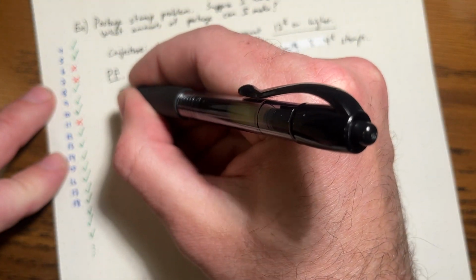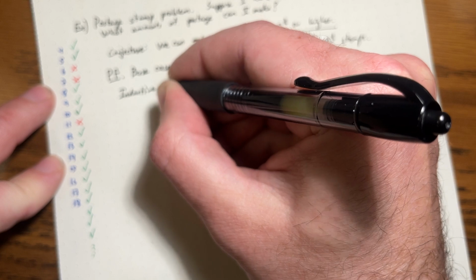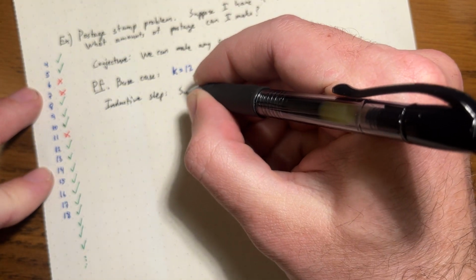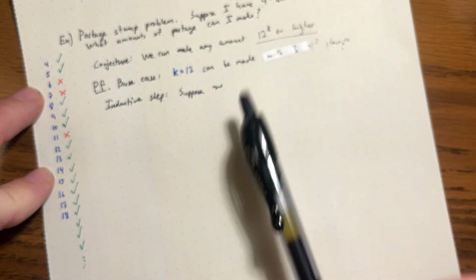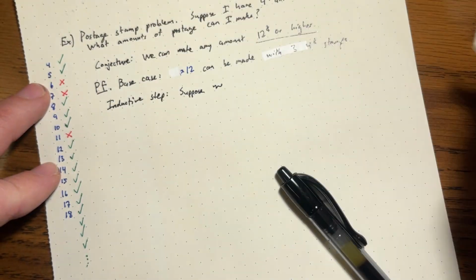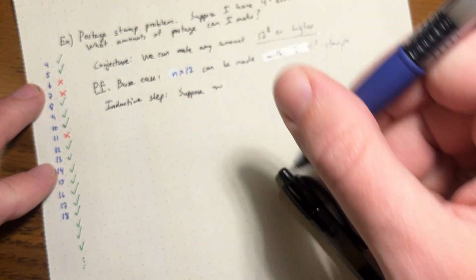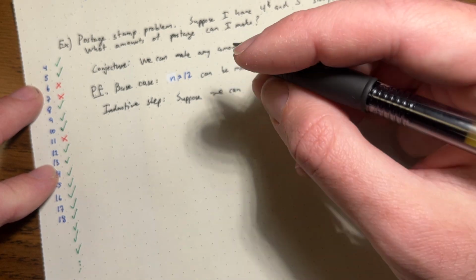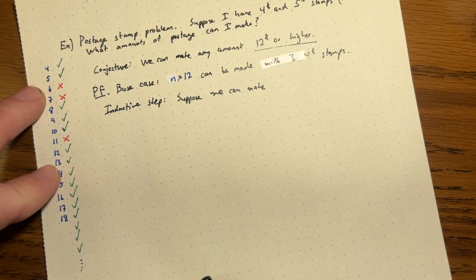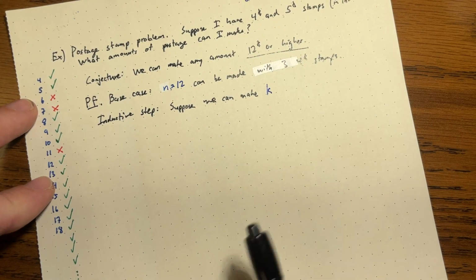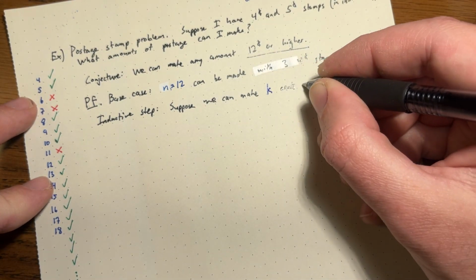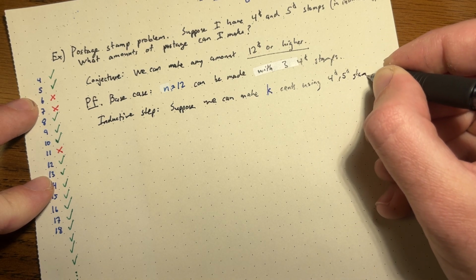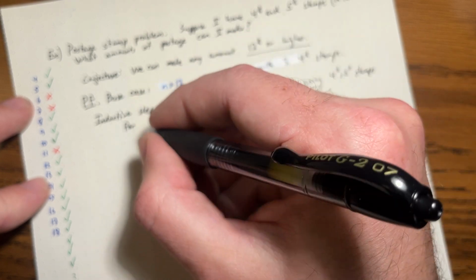The inductive step. This seems tricky. So suppose, here I want to introduce the k right here, so I'll just call this n. So the number 12 can be made with 3 4-cent stamps. So suppose we can make k cents using 4-cent and 5-cent stamps for some k.